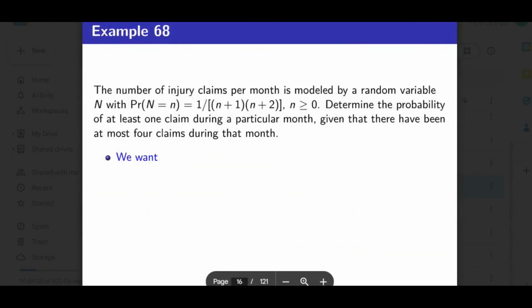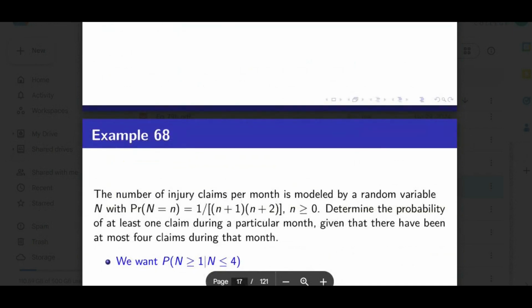Last example, then we'll call it quits for today. The number of injury claims per month follows that distribution. Determine the probability of at least one claim during a month, given that there have been at most 4 during that month. So how do we do this problem? What do you even want?